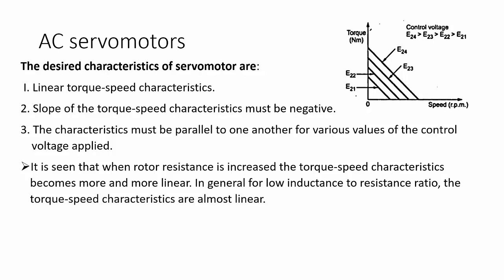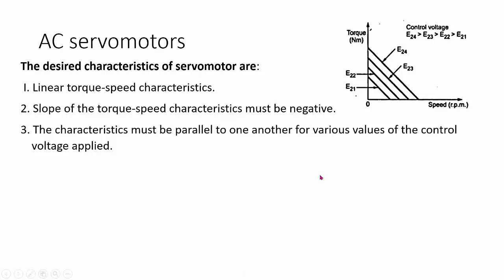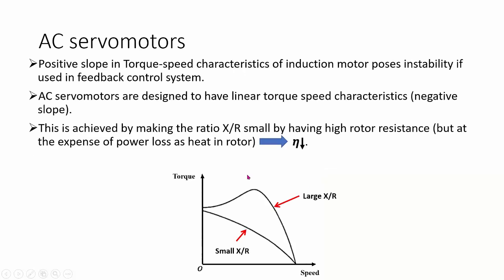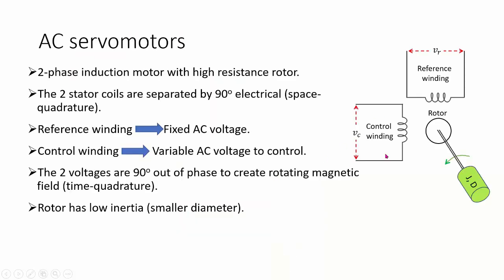From there we see that the torque is proportional to the control voltage as well as the speed. So the torque depends upon the control voltage given at the control winding and the speed of the load. That is difficult to obtain while using Taylor series expansion.